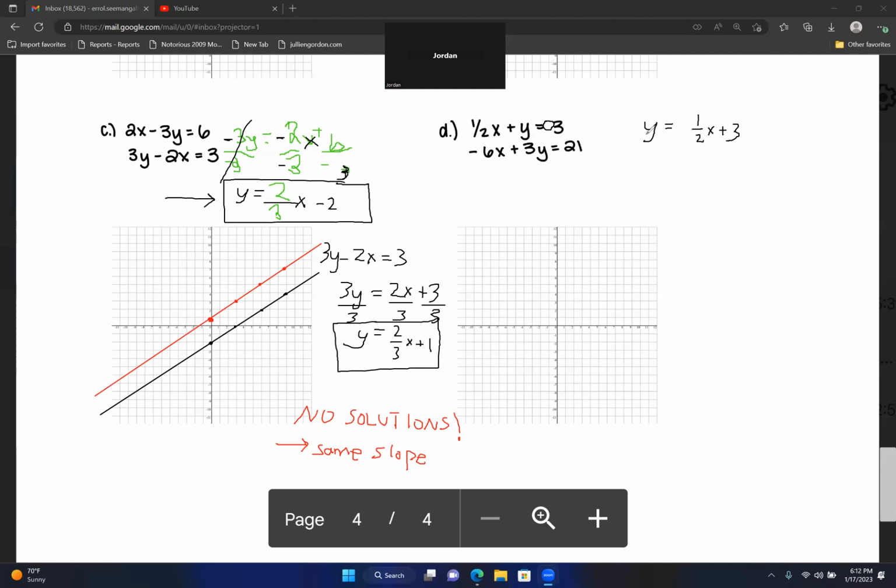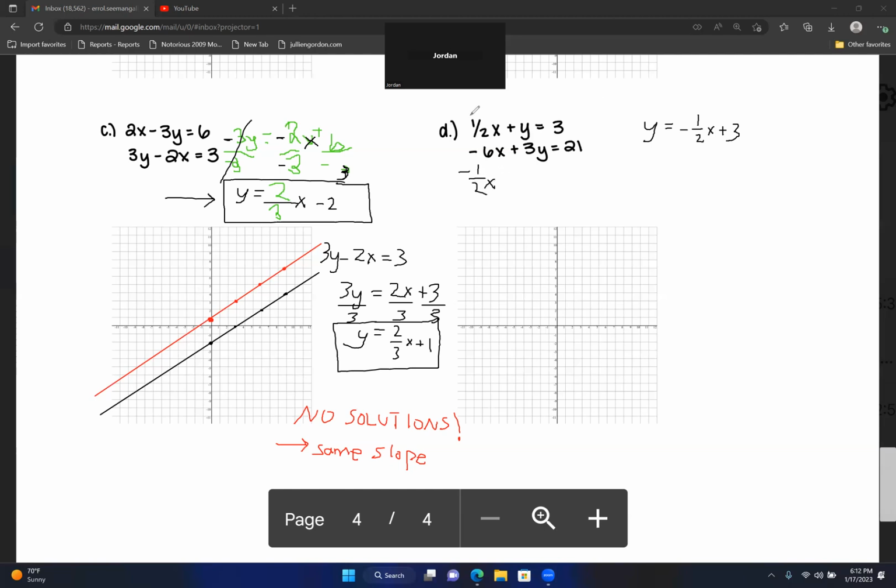What's the sign here? Should it be plus or minus here? I think it should be negative. Why should it be negative? Because you have to switch the sign. They teach you in school to subtract half x on both sides, right?